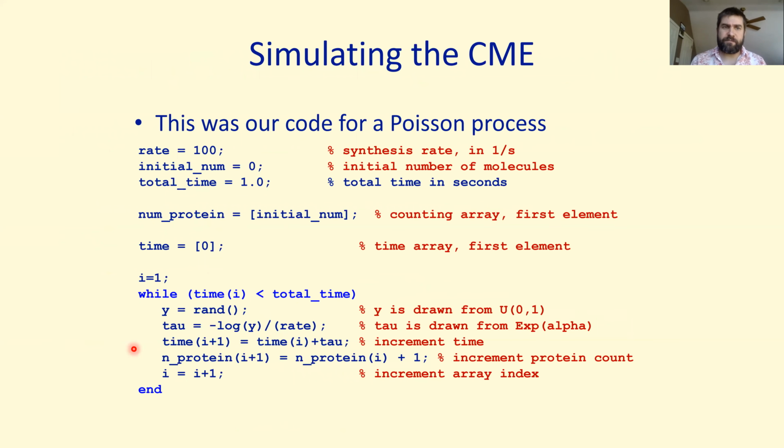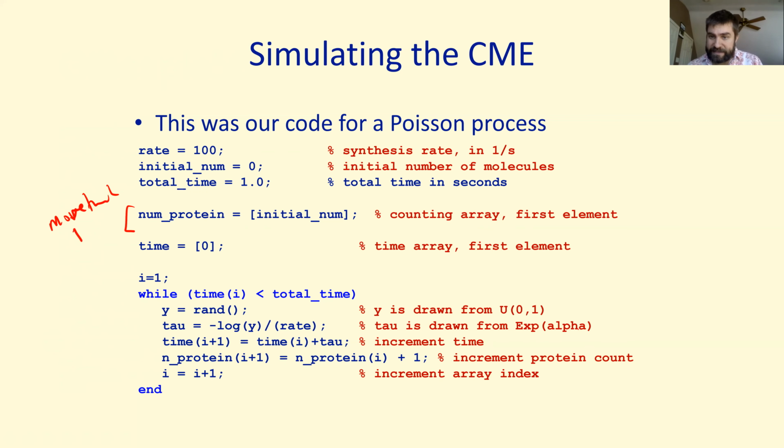If we think about our code for a Poisson process, you can now imagine putting these other pieces in place within this general structure. We'll need to keep track of more than just one molecule. We'll need to expand to have more than one individual species we keep track of.